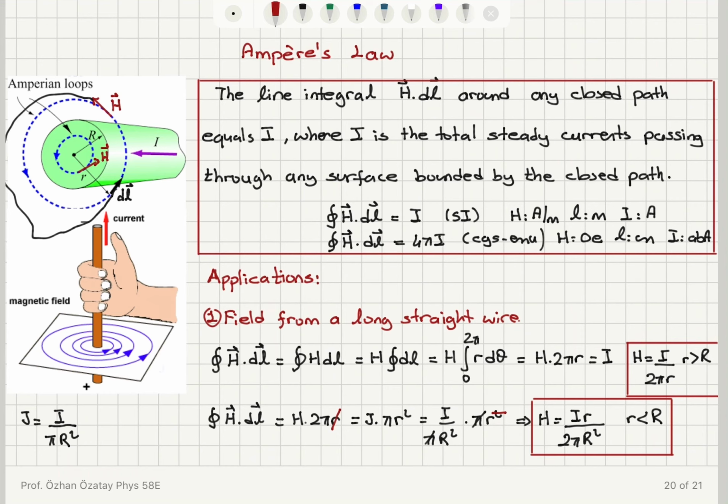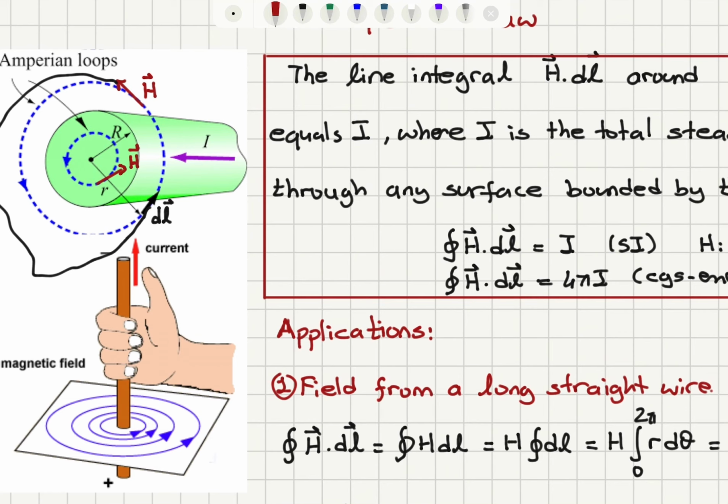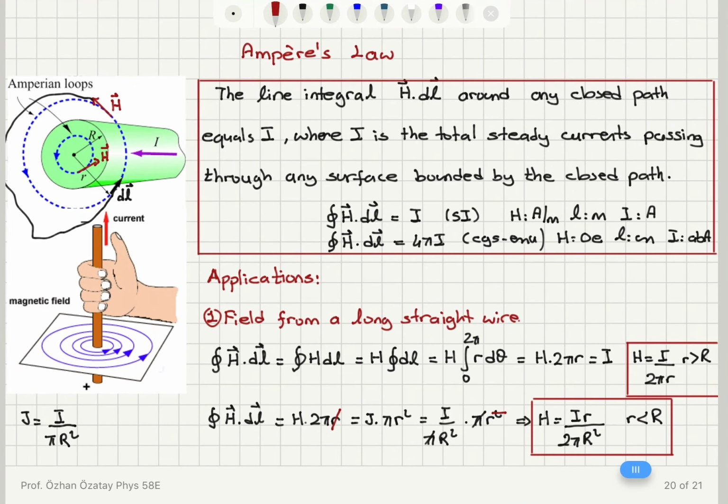So we look at the closed path and we consider any surface, and the current going through this surface will be equal to the closed path integral of H dot dl. In SI units, this is the closed path integral of H dot dl equal to the current I. Or if you use magnetic field B, it would be the closed path integral of B dot dl equals mu 0 I, but here we're considering H.